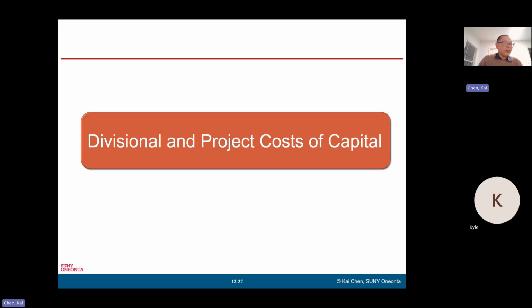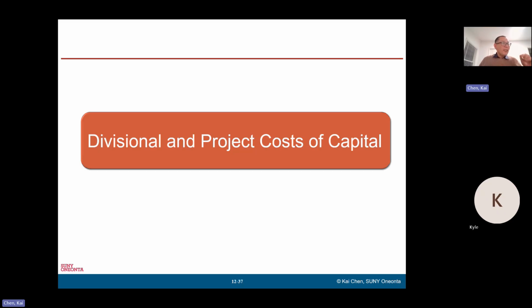In this case, we have to use a discount rate. How can we determine the discount rate? After we know the weighted average cost of capital, we know this could be used as a discount rate.